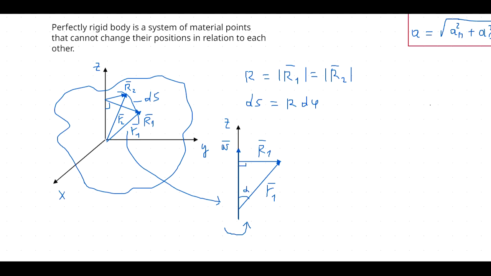So from this triangle, if we notice that R is equal to absolute value of R1, and it is equal to absolute value of R2, we can conclude that this is equal to d phi R sine alpha. Okay, do you have any questions?